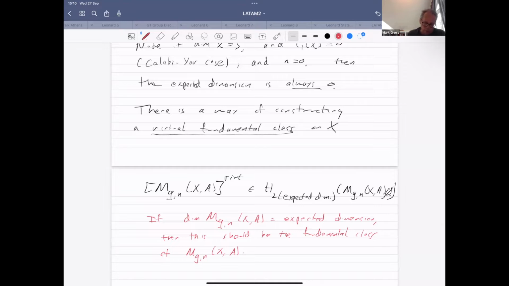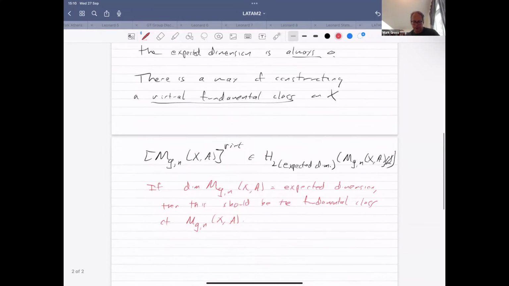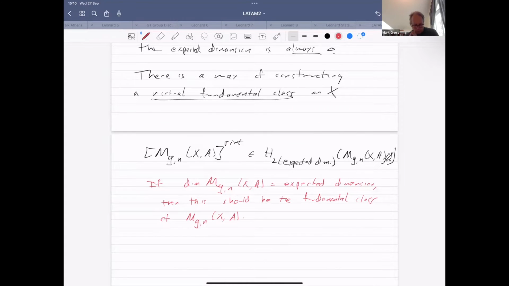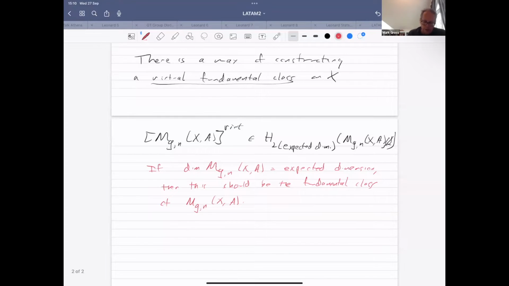But the problem is that frequently these things aren't the correct dimension, and so you need something that replaces the fundamental class of the correct dimensional moduli space. So if the expected dimension is 0, then of course you can consider the degree. This is just an element of H_0, and you can consider its degree to get a natural number.